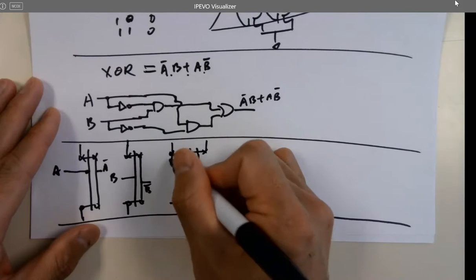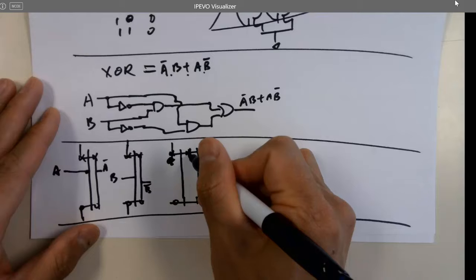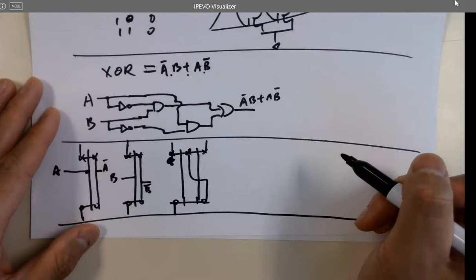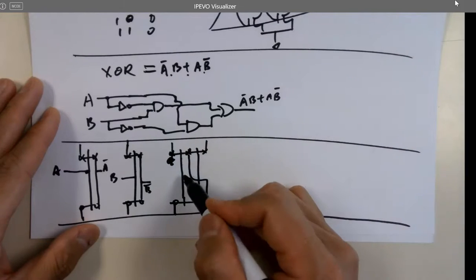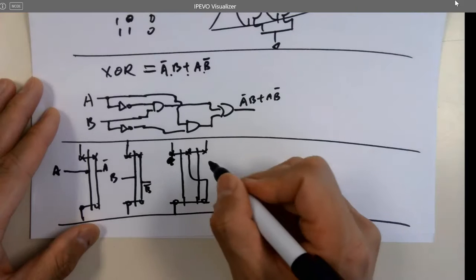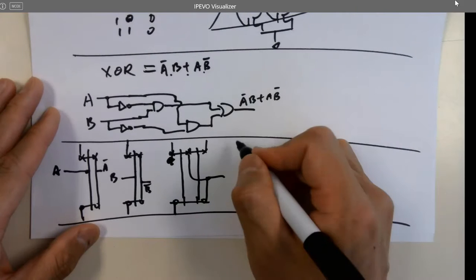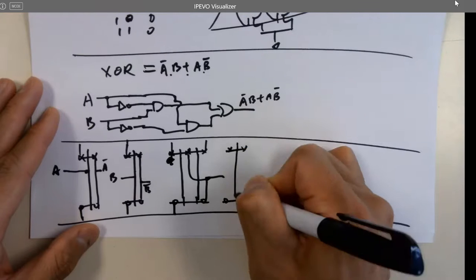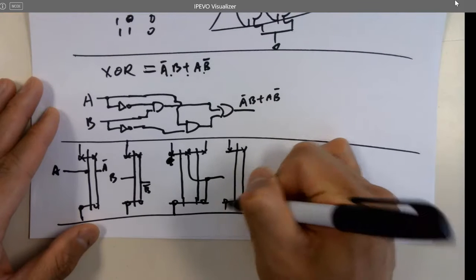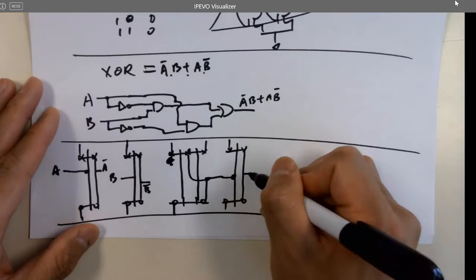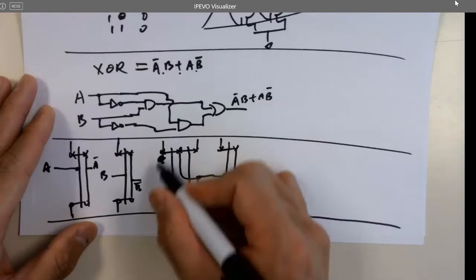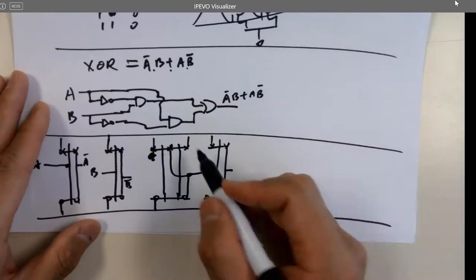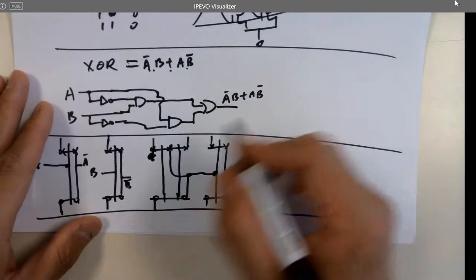I'm not using different colors here. You can just have more of them, and this has to be shorted to an inverter. So this is the AND gate. This is the AND gate, right? And you got another AND gate.